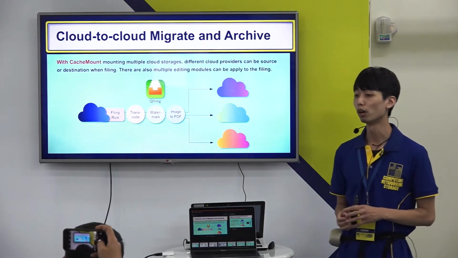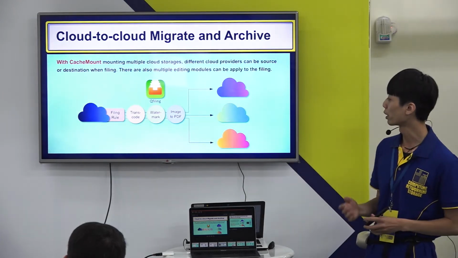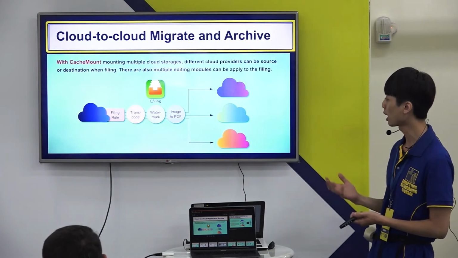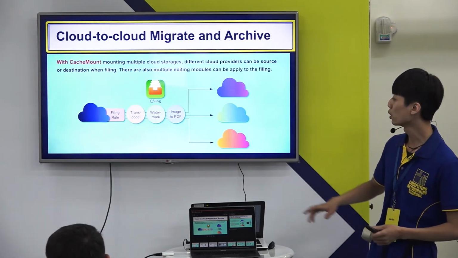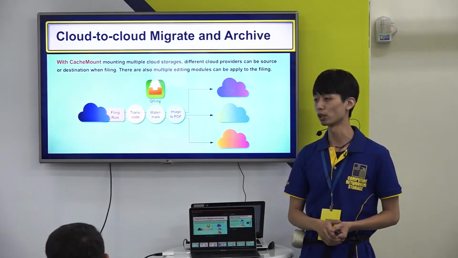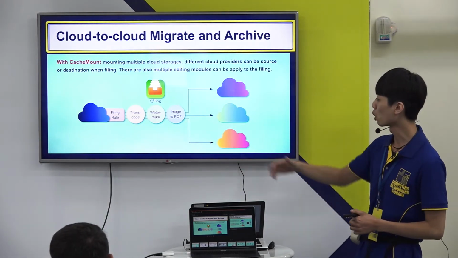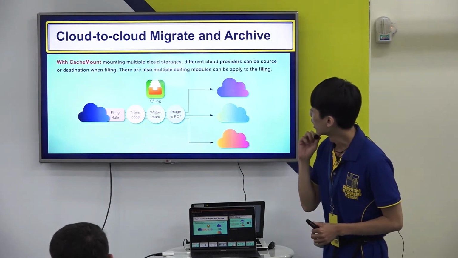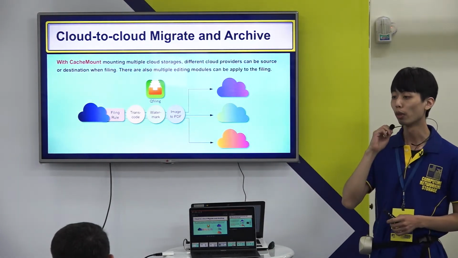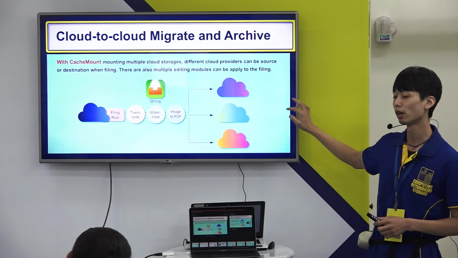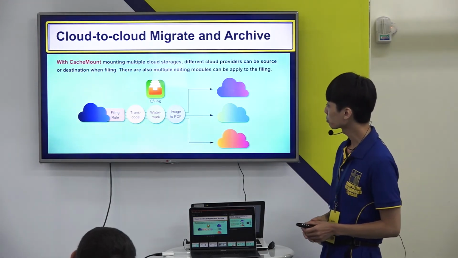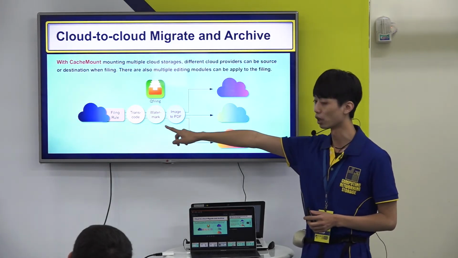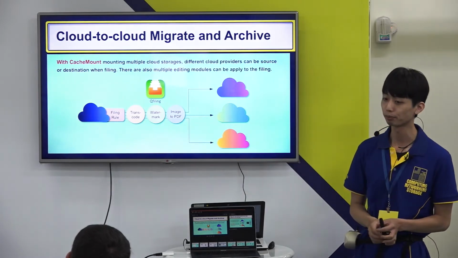Another application we integrate is Qfiling. Qfiling is a smart archiving application which helps you archive your data from one path to another path. So you can set one of your cloud storages or even your local path in the NAS as the source path, and you can set more than one cloud storage as a destination. Qfiling will help you archive and move the data from your source path to the destination path.